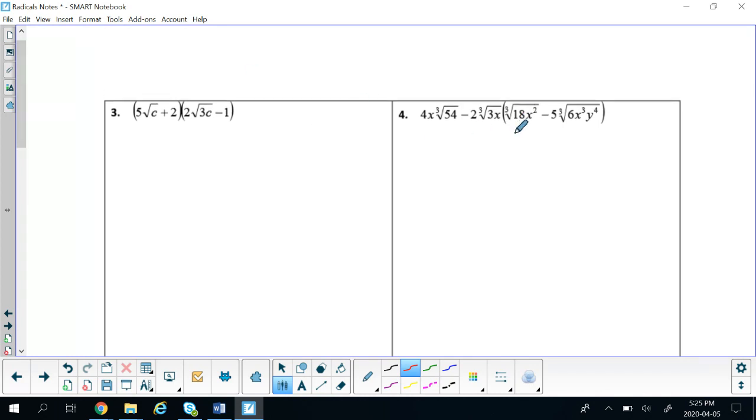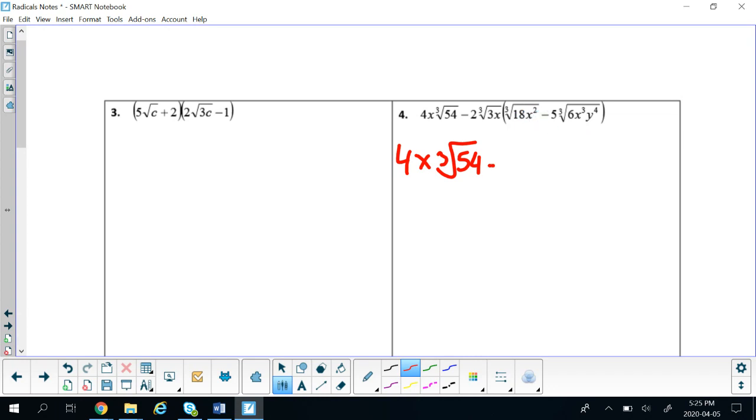So here we have to open the second bracket first. Okay, so here we're gonna put the first term as it is, and we open the bracket. So we're gonna multiply negative 2 cube root of 3x with the cube root of 18x squared.